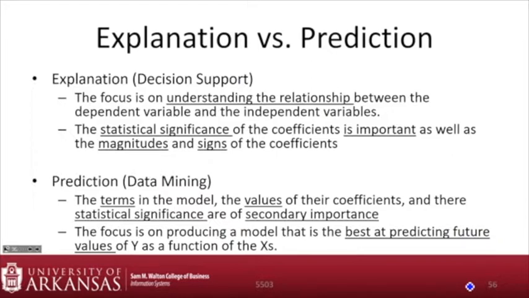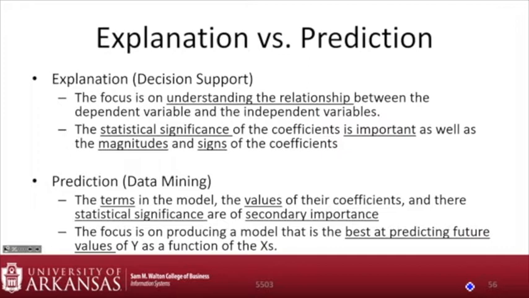So what we're doing this semester is explanatory regression analysis. We're taking the data that we have, and we're going to try to find a model that fits that data as best as possible. Okay. And when we're trying to find that, the focus is really going to be on understanding the relationship between our variables and the data that we have.